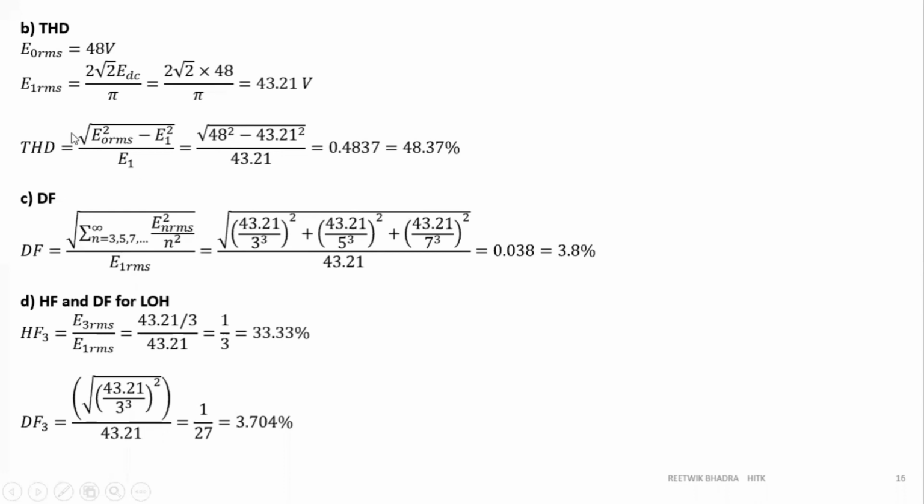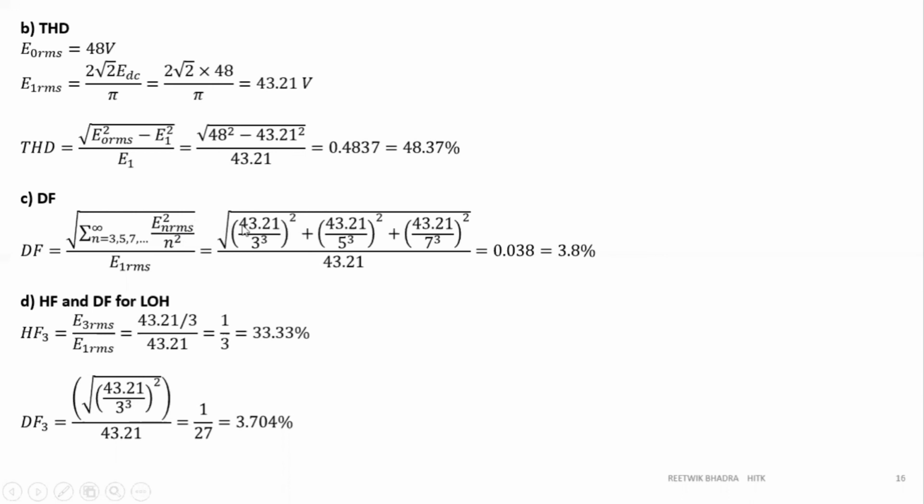So how to calculate En? If you recall the fact, you will see that En RMS is nothing but E1 RMS by n. So this En RMS can be replaced by E1 RMS by n. So 43.21 square, and that n comes in the denominator. This En by n RMS is a whole square term.